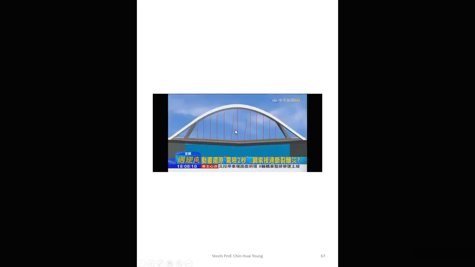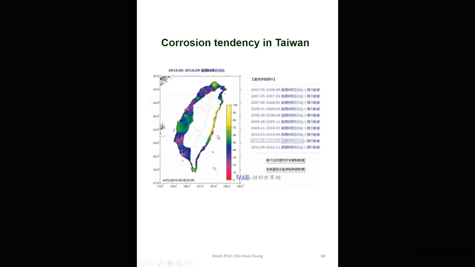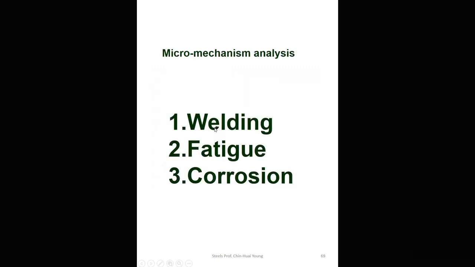Why? You need to know this is Taiwan, and this is the coast. Because it is on the coast, the bridge has some corrosion. Corrosion should damage the bridge.